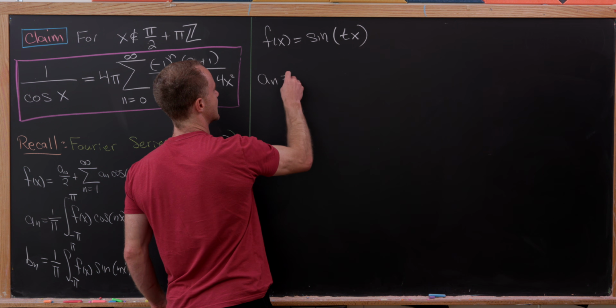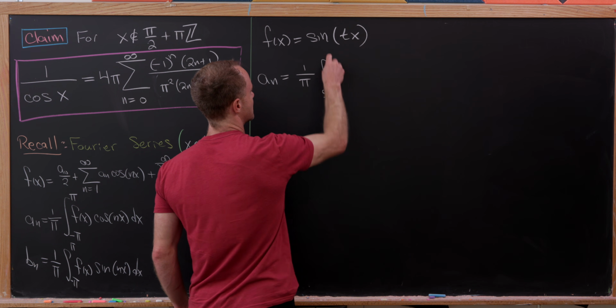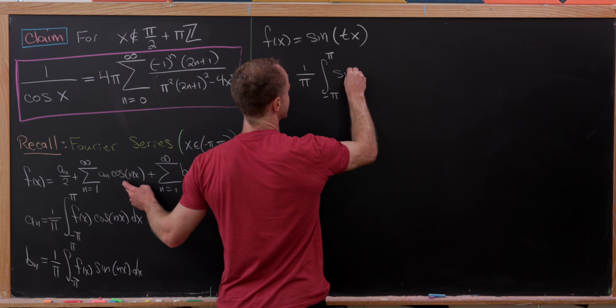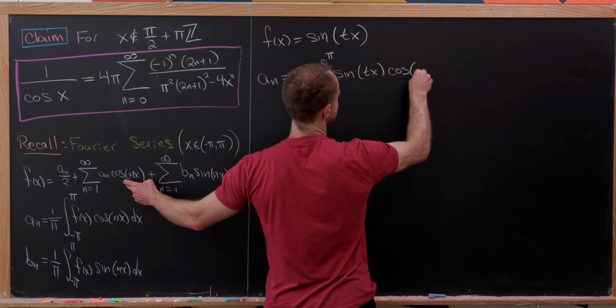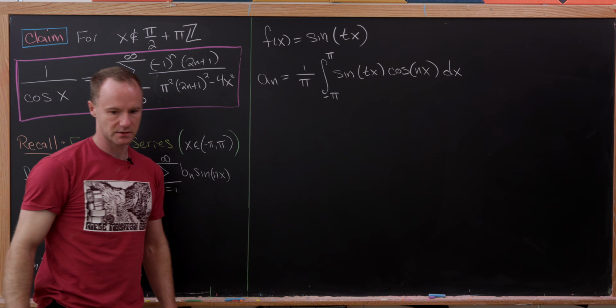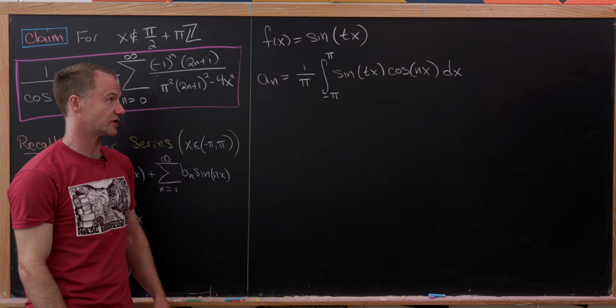So we have a_n is equal to 1 over pi times the integral from minus pi to pi of sine of tx times cosine of nx dx. But let's notice that sine of t times x is an odd function.